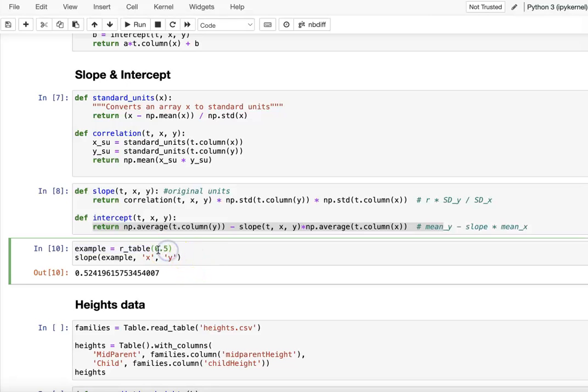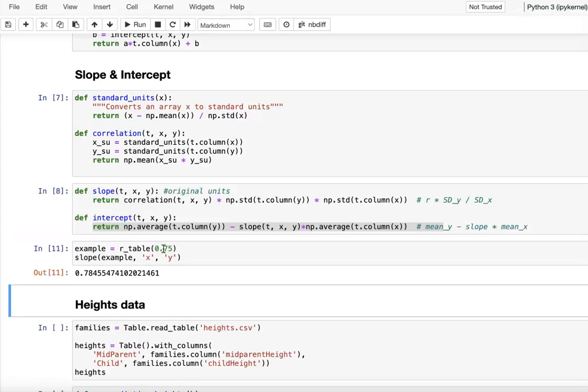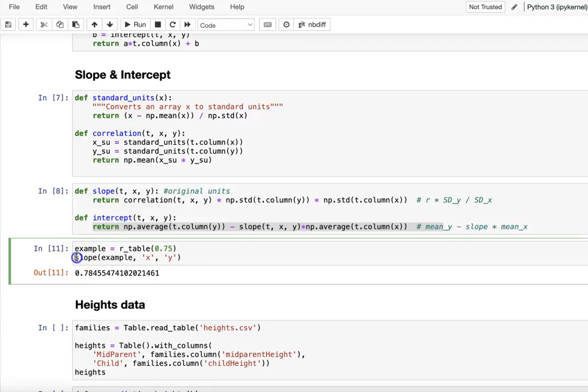Or you can try other values. For example, we change R to 0.75. The same thing: you can see the slope is close to 0.75, but not exact. The reason is that the table includes 1000 XY pairs generated according to R, the correlation coefficient.